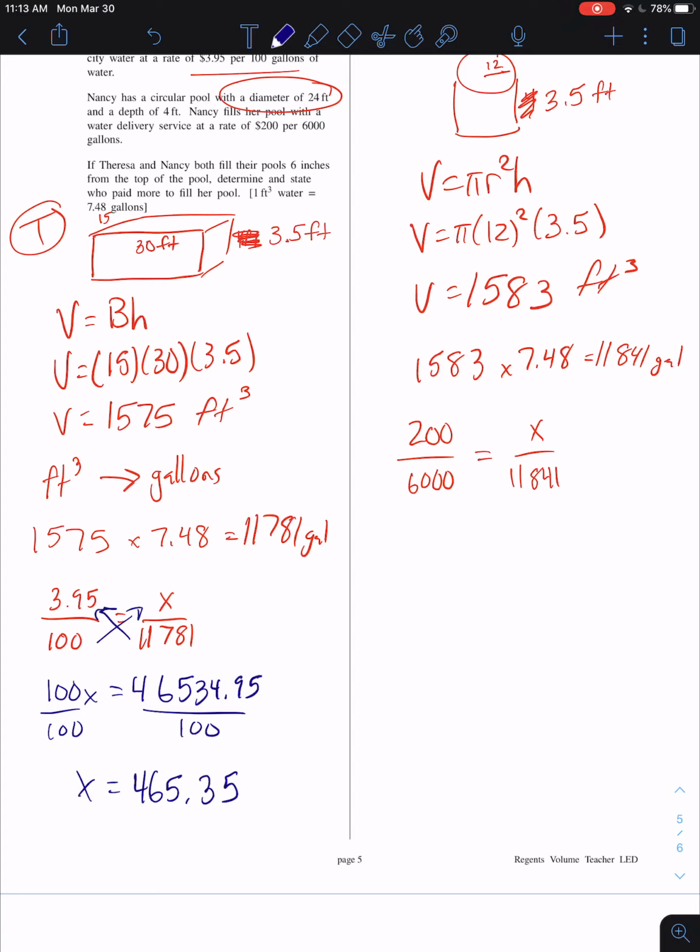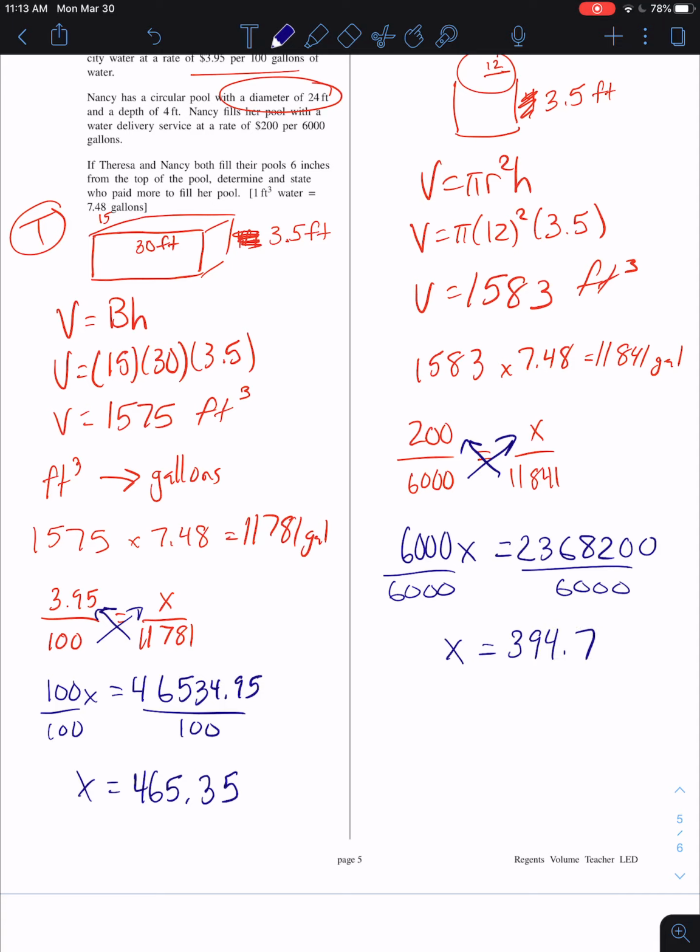So then we'll cross multiply over here. 6,000x is equal to 200 times 11841. Sorry about that there, we end up with 2368200. We divide by 6,000. And we get 394.7.